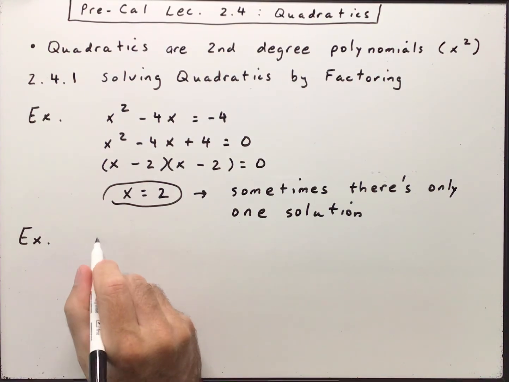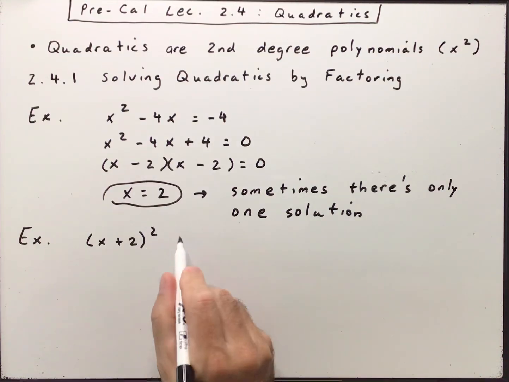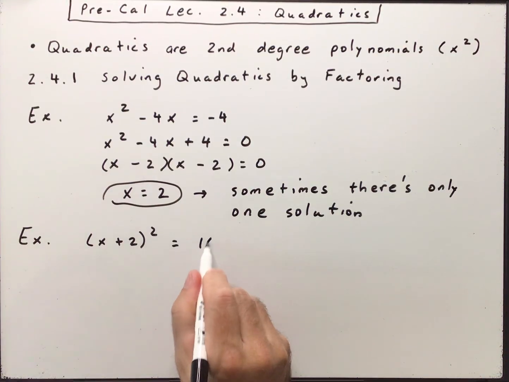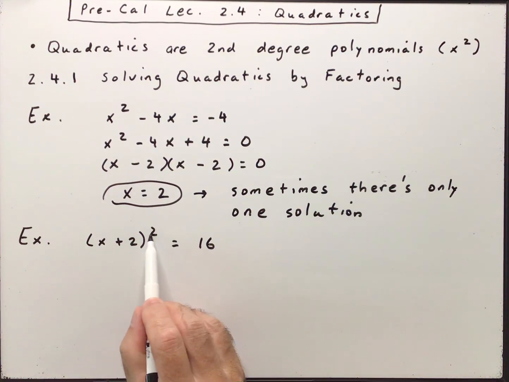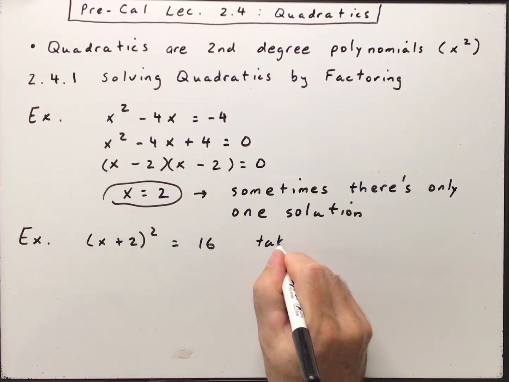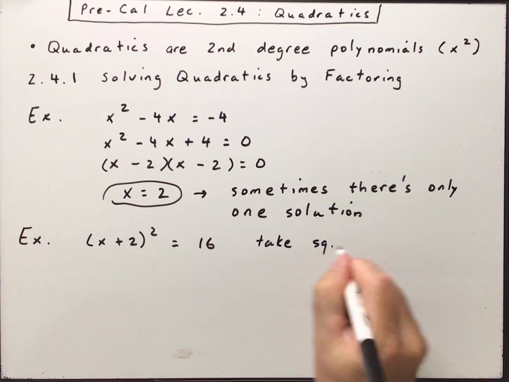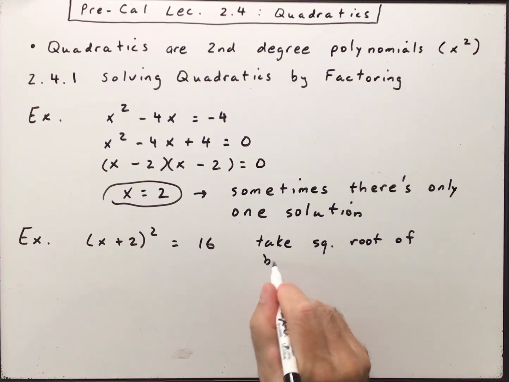Let's say we have x plus 2 all squared is equal to 16. All right, I don't like the squared part there, right? So let's take the square root of both sides.